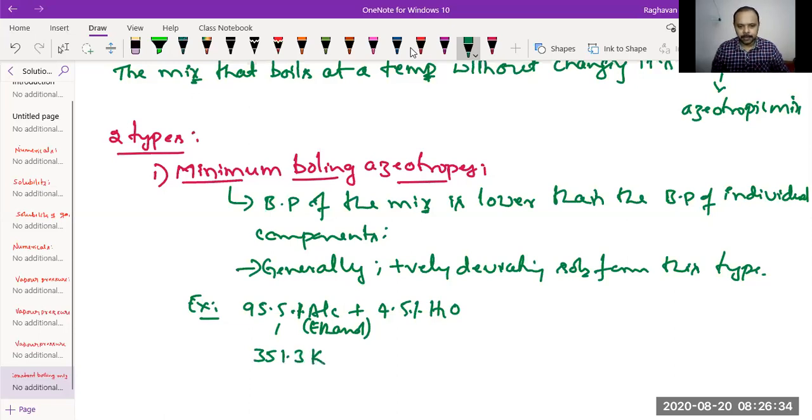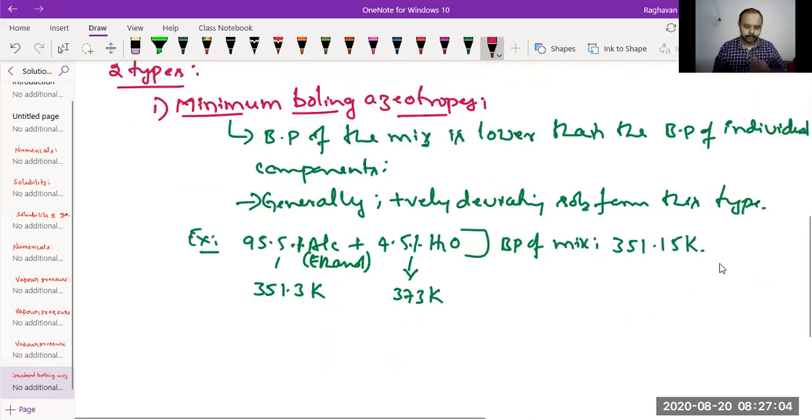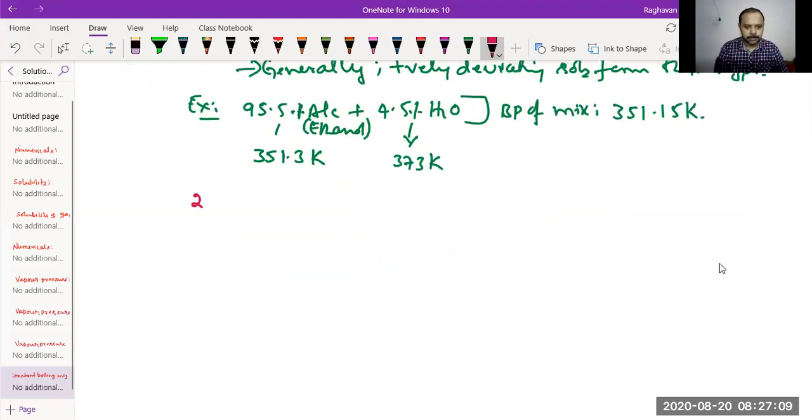Water boiling point is 373 Kelvin. So this is an azeotropic mixture. The boiling point of the mixture should be lower than the boiling points of individual components, right? So it is 351.15 Kelvin. Okay. So that's the next one. Number two, maximum boiling azeotropes.